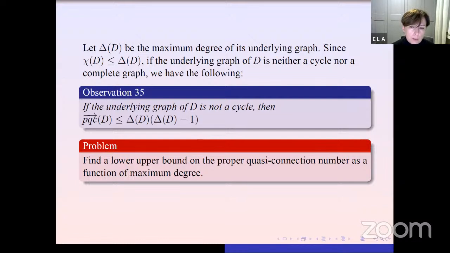As we observed for the graph, it was a large graph and it has a large maximum degree. So we can ask the following question: find a lower bound on the proper quasi-connection number as a function of the maximum degree. We think that if the degree is small, then we cannot force a lot of colors in a digraph. So I would like to finish my talk with such a problem.